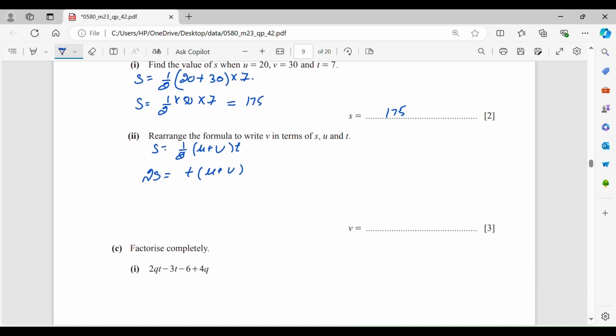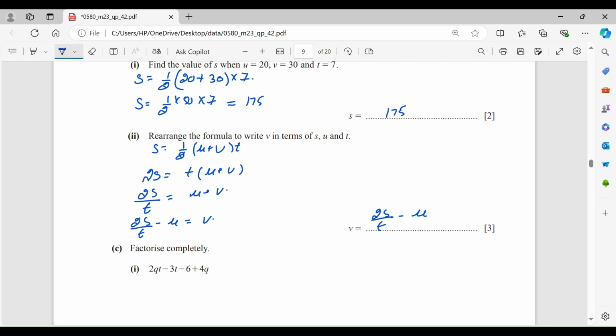So 2S by T will be equal to U plus V. Now 2S by T minus U will be equal to V. So this will be our answer. V will be equal to 2S by T minus U.